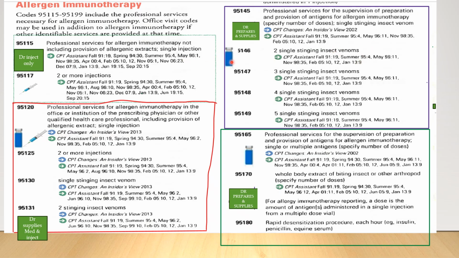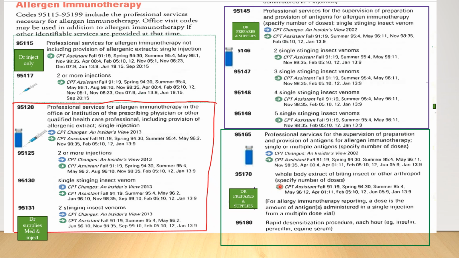Here I have created the bottle so that you can understand that it is only preparing the particular dose, the provision of the antigen for allergen immunotherapy. And this is also one particular group where again the doctor prepares the supplies.